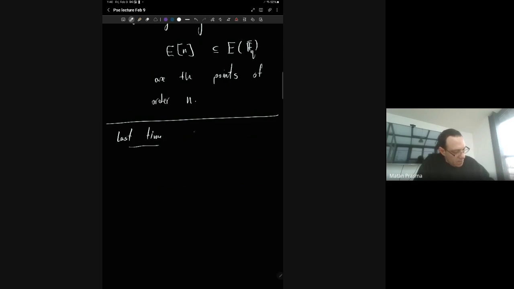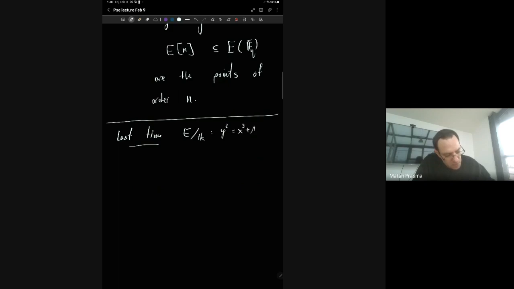The setup is E, an elliptic curve defined over a field K. And we talked about polynomials. We denoted it as K[E].